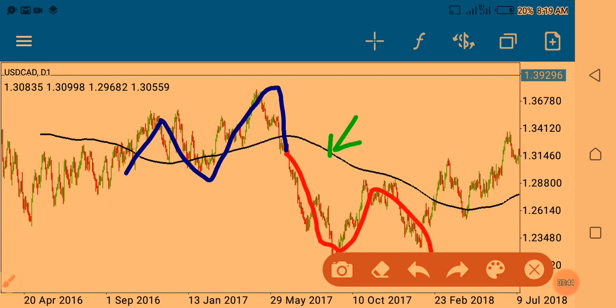It has broken the support level, which is this 200 moving average. Price has broken the 200 moving average, which acted as support, and that's clear to see.